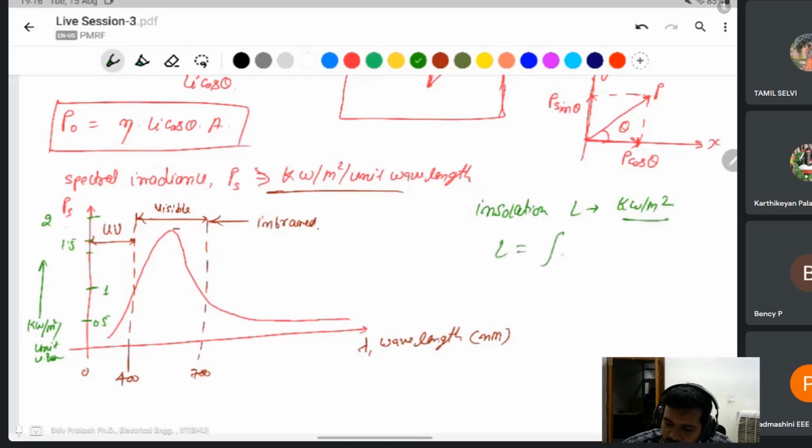If you integrate the spectral radiance with respect to lambda, you can find the total irradiance, the total insolation of the solar rays. It will be 1.37 something kilowatt per meter square on average.